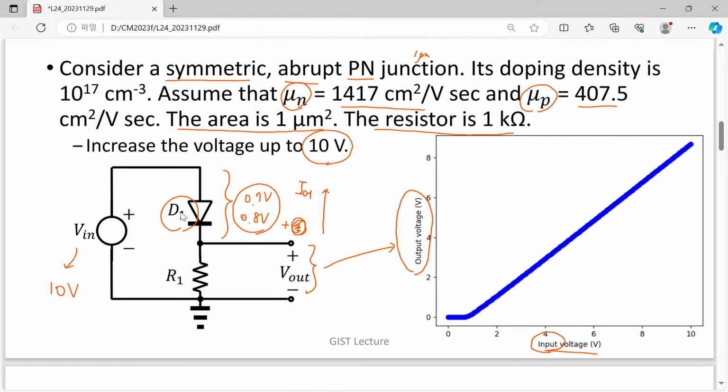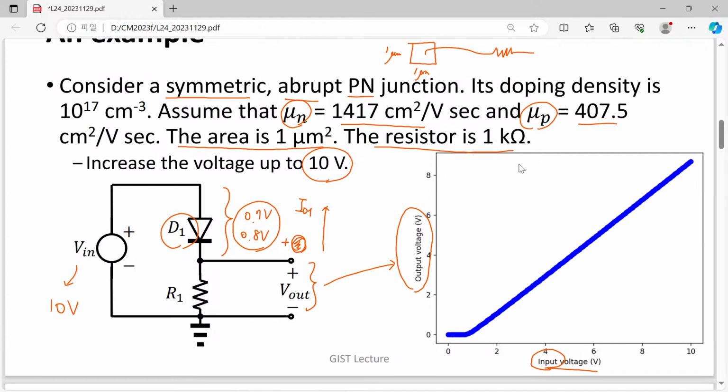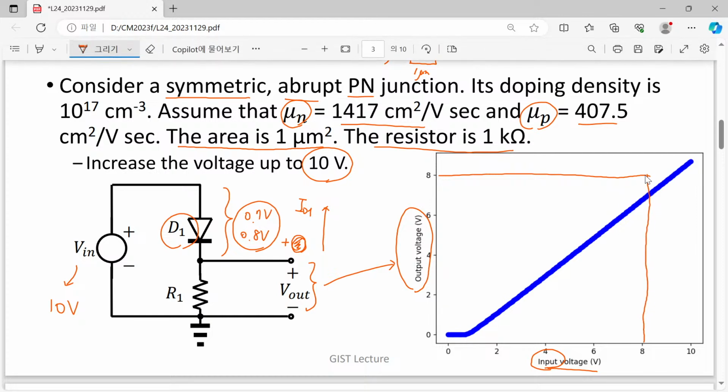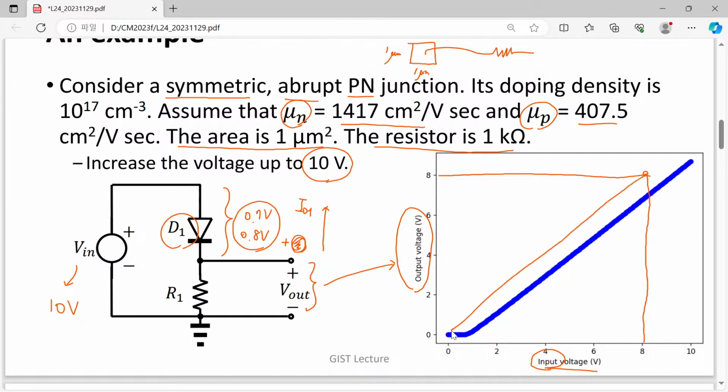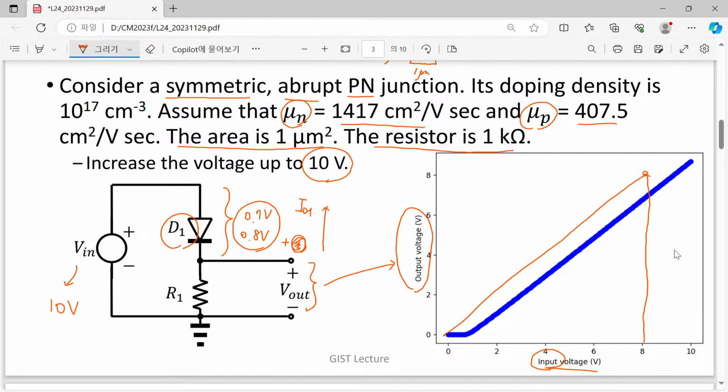So simply speaking, output voltage follows input voltage. Here this is a line over 8, and this is a vertical line over 8. The red curve corresponds to our input voltage, and the blue curve corresponds to the output voltage.